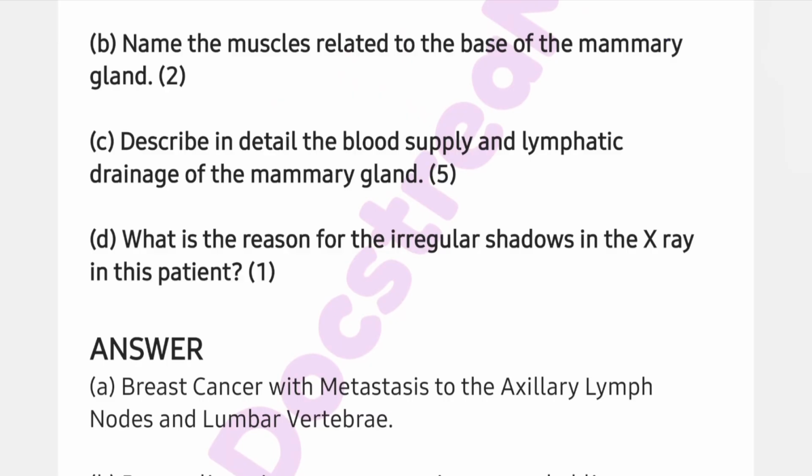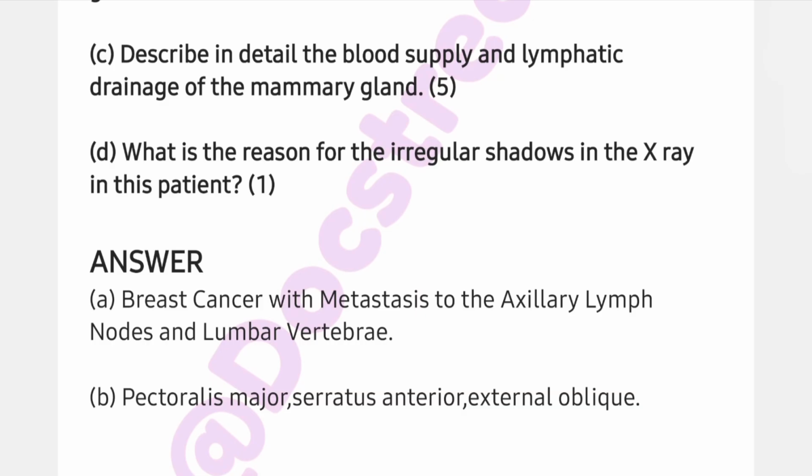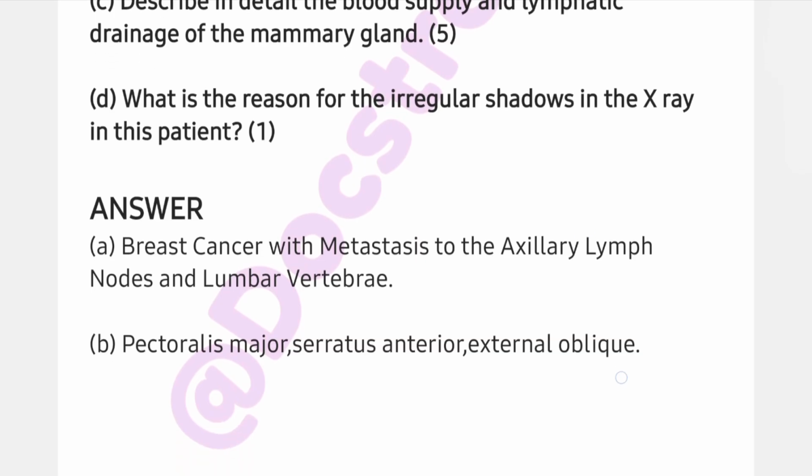Now let's go into detail about the blood supply and lymphatic drainage. Whenever they ask for blood supply, remember not only to write about arterial supply, you should also write about venous drainage. This is the most common mistake. When I studied in first year, I made this mistake. I wrote only arterial supply and most of my friends did too. So I'm warning you early that you have to write both arterial supply and venous drainage.